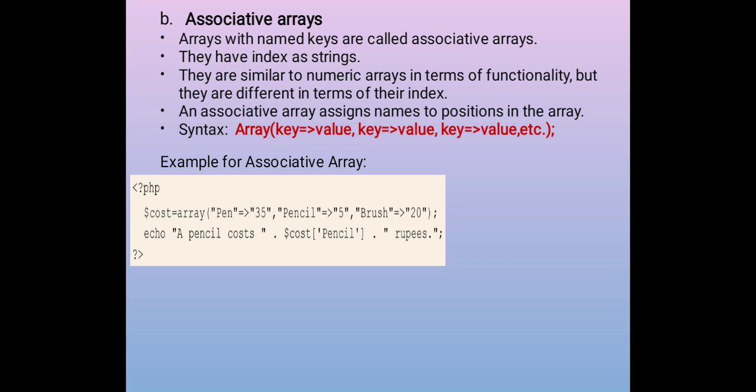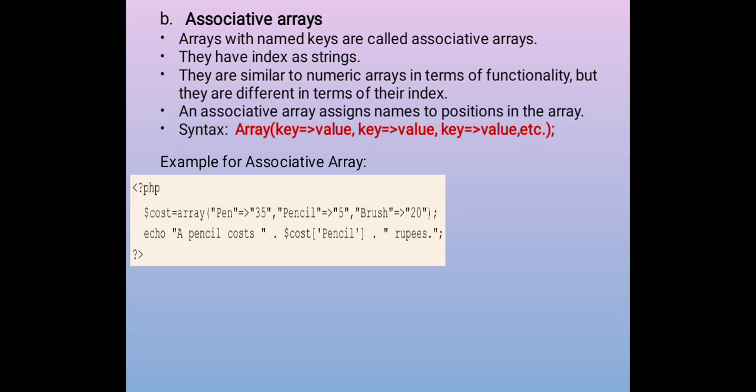Then to print this statement, use the function echo. A pencil cost, within double quotes, $cost of pencil. Here we use the array name cost with the value pencil as the string value, since the index is a string. Dot equal to rupees.